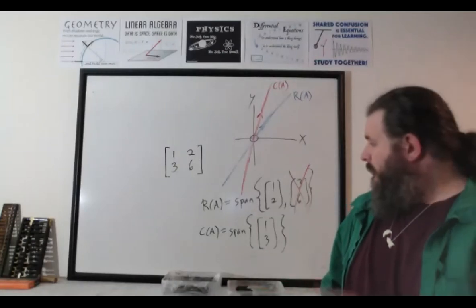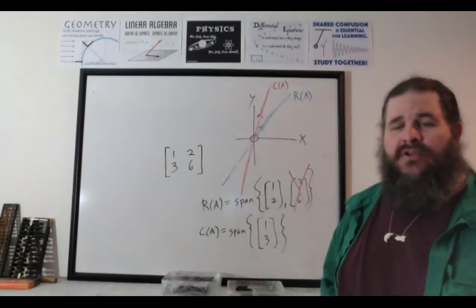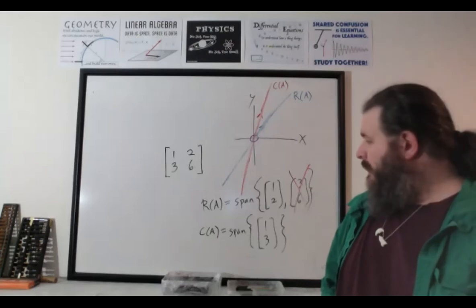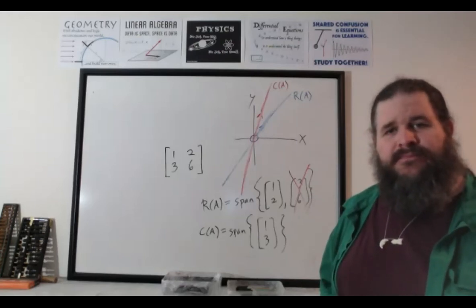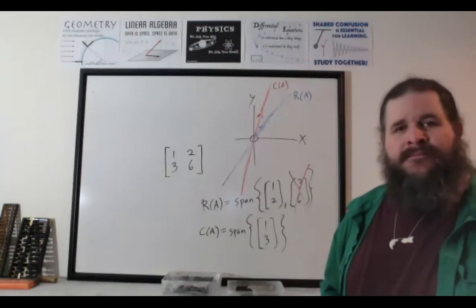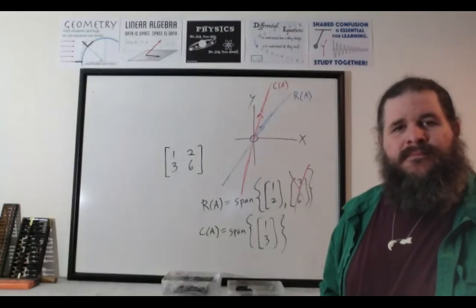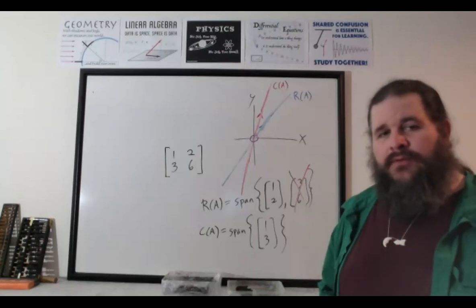And then for the row space, you just use whatever rows are non-zero, whatever remaining rows there still are. For the column space, how would you decide which columns to use? The ones which have a pivot.